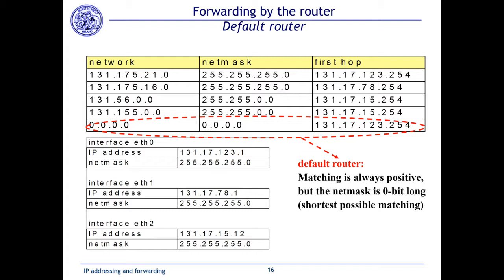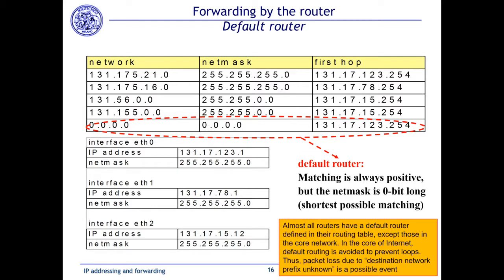All the routers are configured in this way in the edge of the network, except routers that are in the core of the network, because otherwise you will have undefined looping of packets. Because it may also happen that there is a packet with a destination that is really non-existing in the whole network, so in the whole internet.